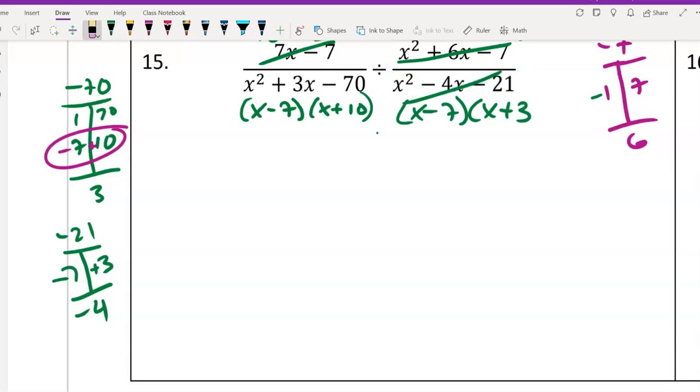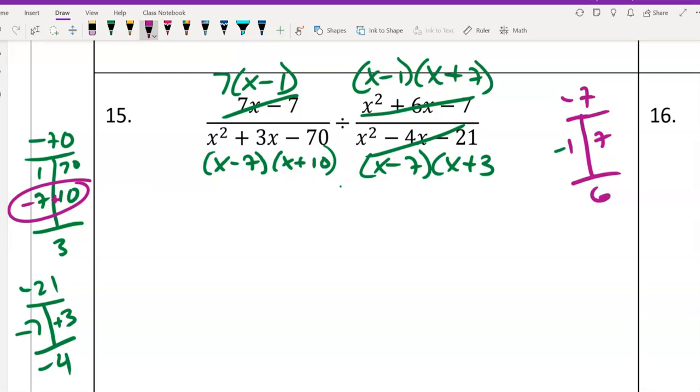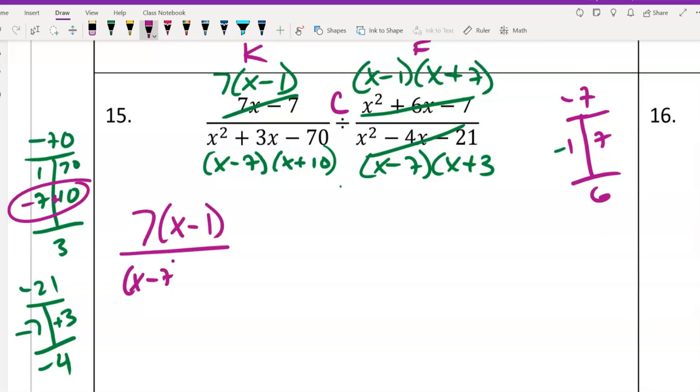All right, now because this is a division problem, we need to keep, change, flip. We're going to keep the first fraction, change it to multiplication, and flip the last fraction.